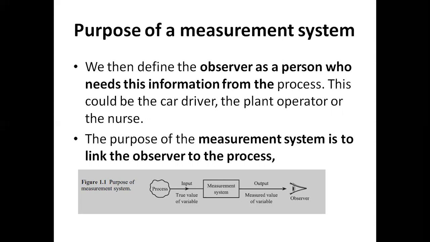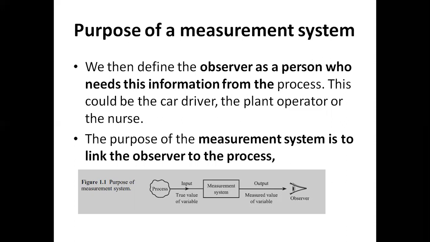So the objective or the purpose of the measurement system is to link the observer to the process and provide the observer with the information he needs to know about the process.